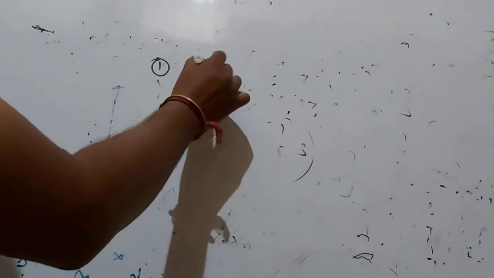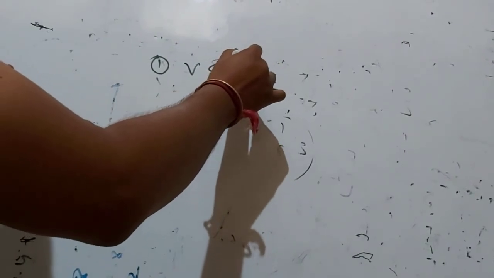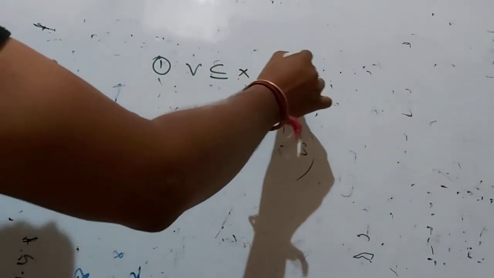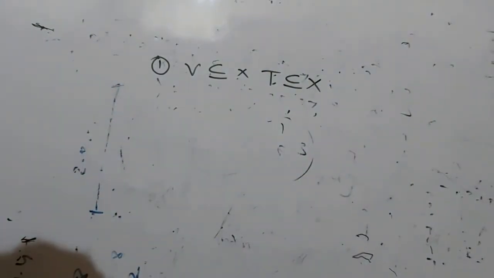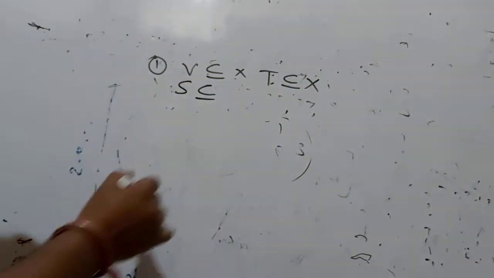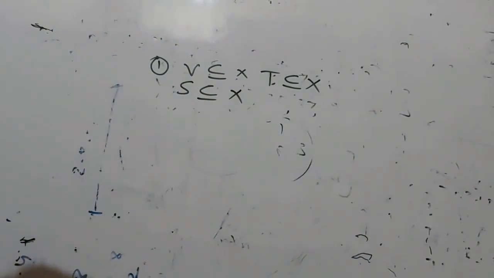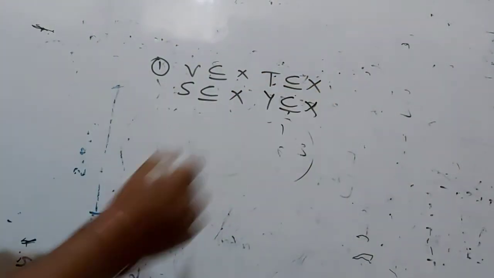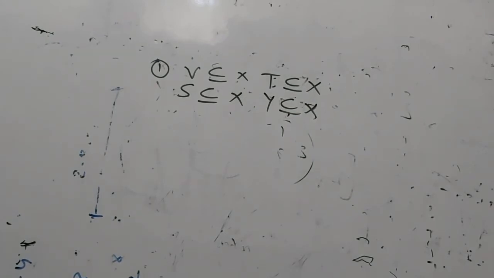So all the other sets, that is rhombuses, squares, parallelograms, rectangles, are subsets of quadrilaterals. So first of all you can write: V is a subset of X. Then T is a subset of X. Then S is a subset of X, and Y is a subset of X. So these are all subsets of the set of quadrilaterals.